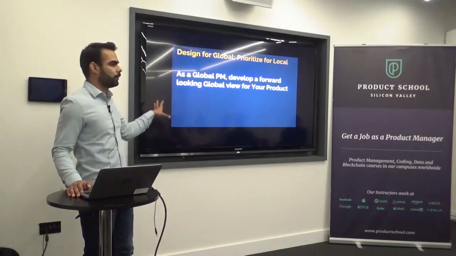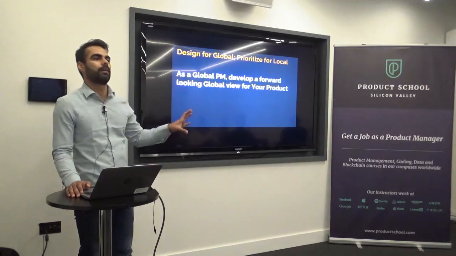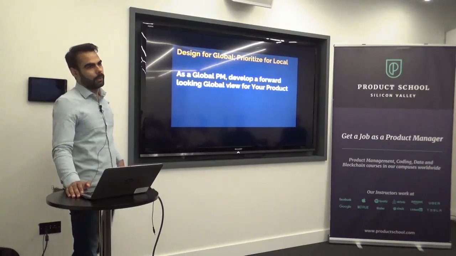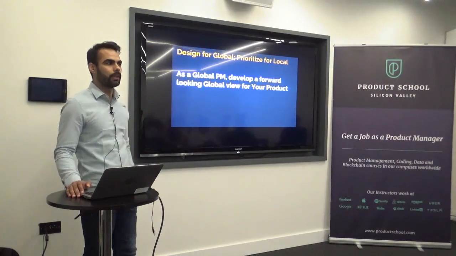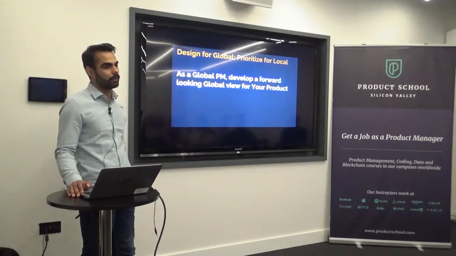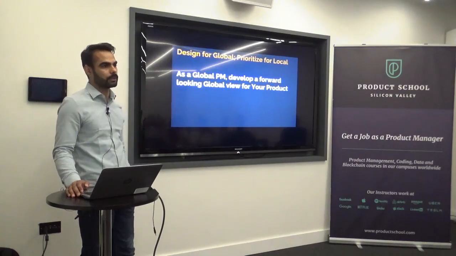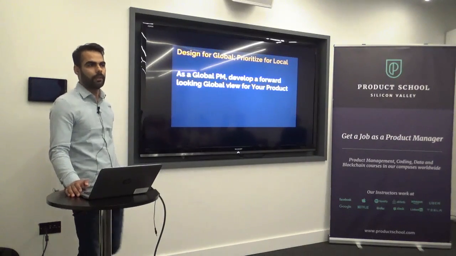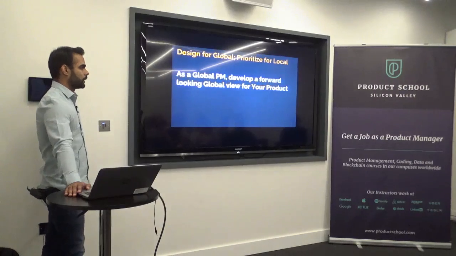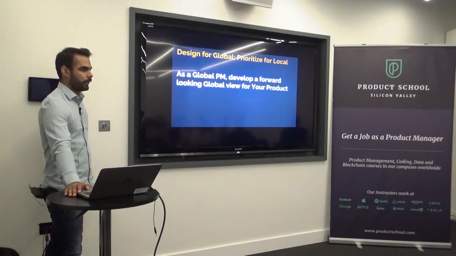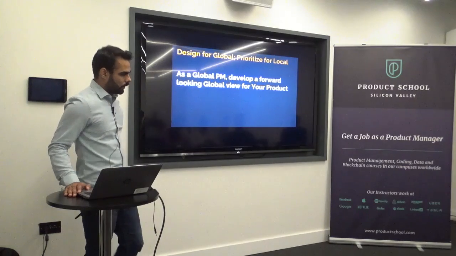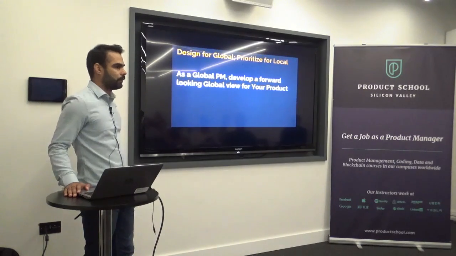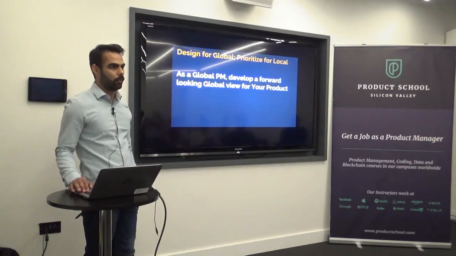Now that is true even for PMs who are not in a global role, right? But if you are in a global role, you need to think probably 3 years ahead: the countries you might expand in over the next 3 years, what competitors are doing in those countries, what sort of product you need in those countries.